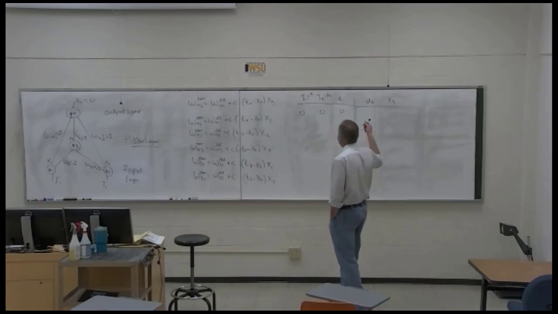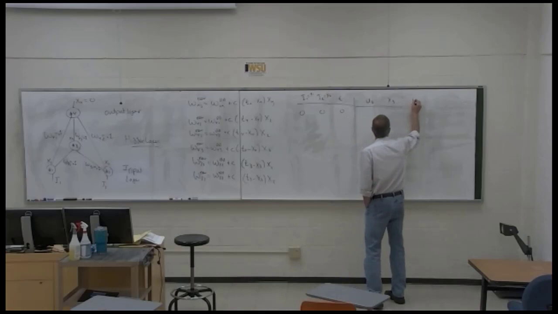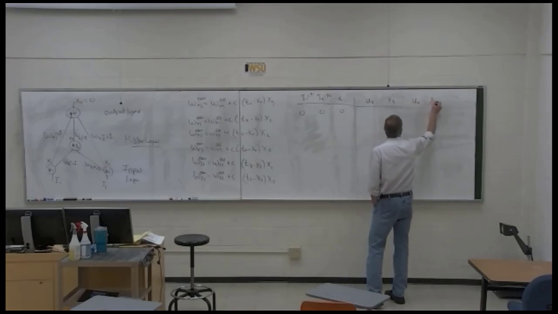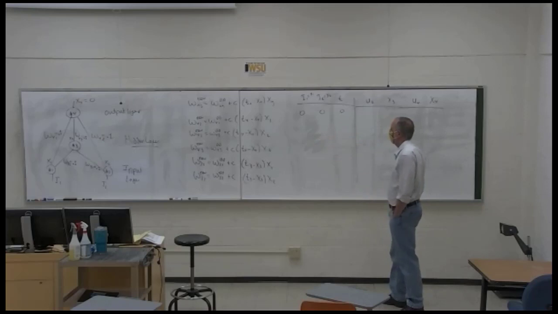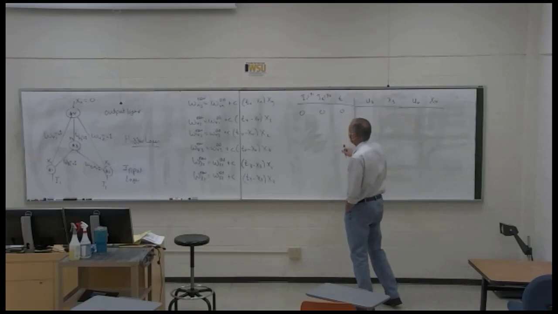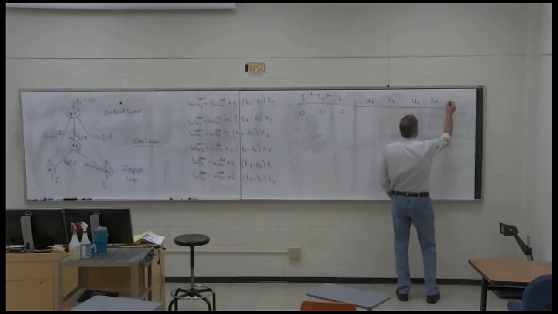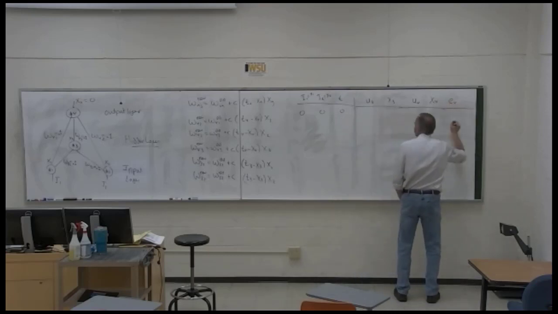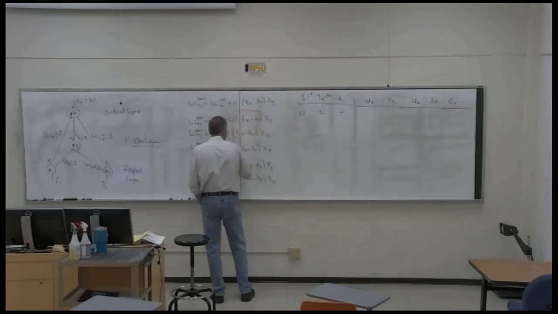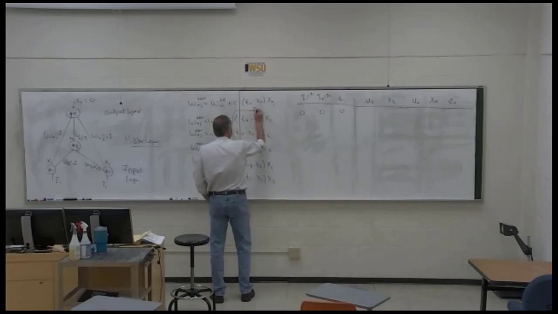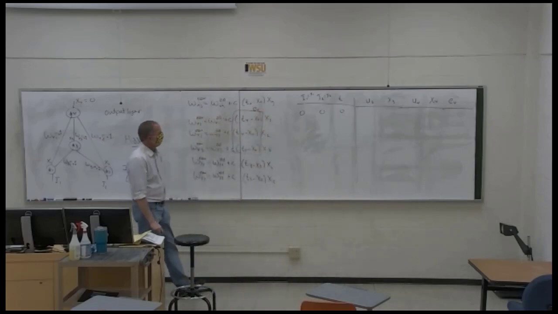Once we calculate X3, then we can calculate U4 and X4, because we know all the information that goes into that. We know X1, X2, and X3. Now we have a target here, so we can calculate E4. We're going to need that.